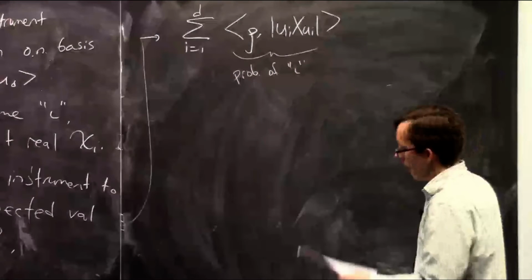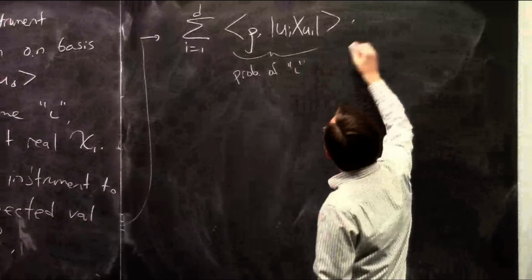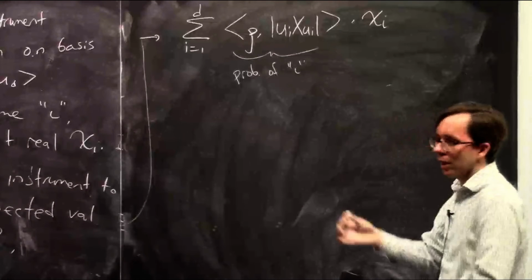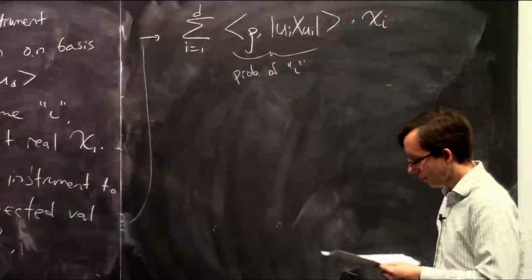We've seen that a few times now. And then, if you do get that, you output the real number chi i. So this is the expectation of what you get on your classical readout.